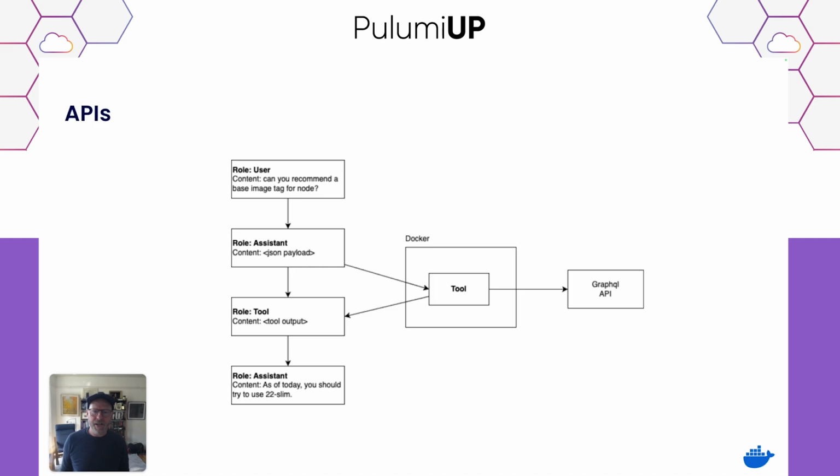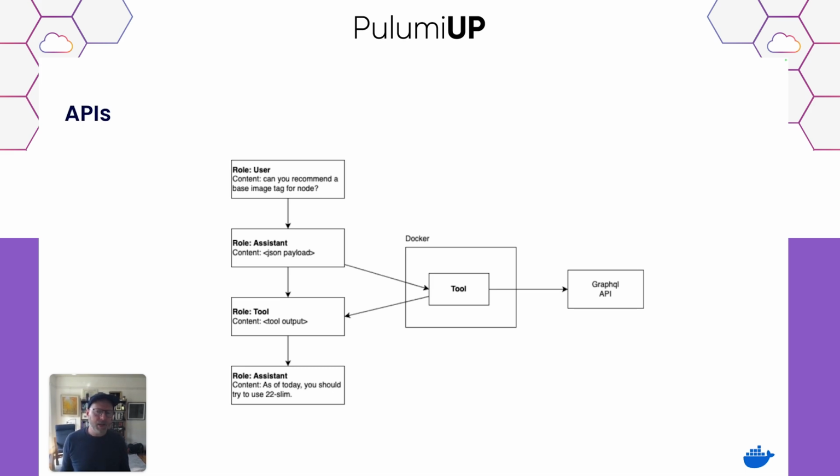Okay, let's look at the next example where we use a tool to call an API. The actual conversation flow here is very similar to the last one. We start with a message from the role user where the prompt is, can you recommend a good base image tag for Node?